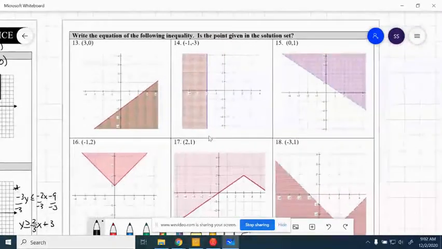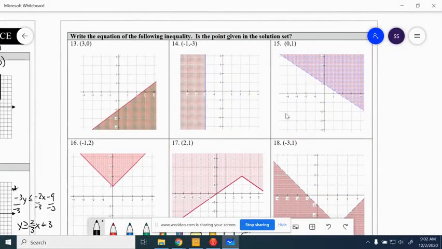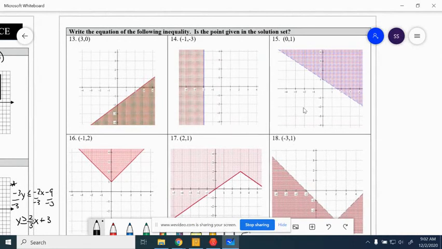Now let's look at some of these inequalities. So these ones here are just linear inequalities, so we can just start with those. We're going to have y is, let's just fill it in like this. Here's our y-intercept. Okay, and then our slope, let's see, we're going here, not quite there.